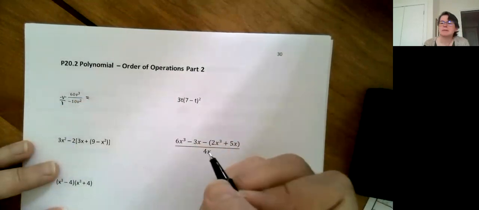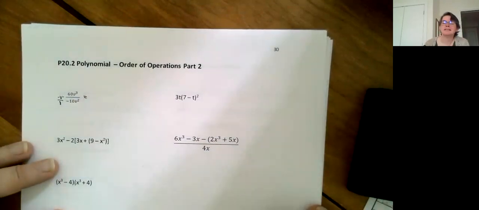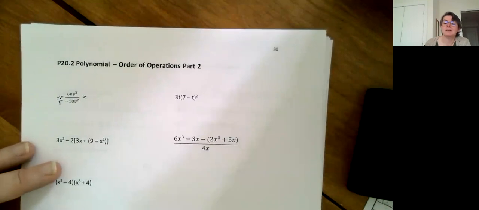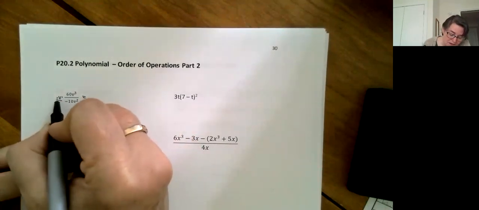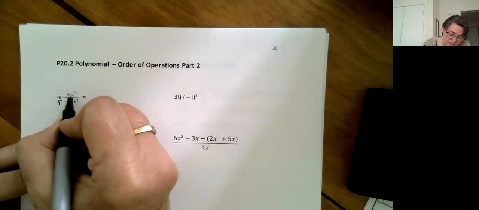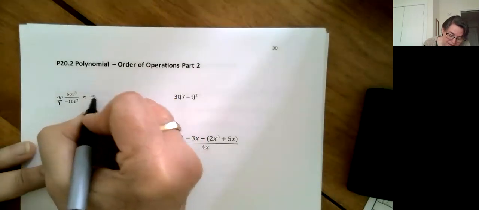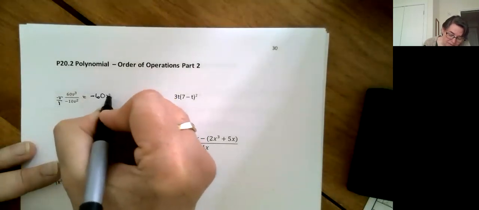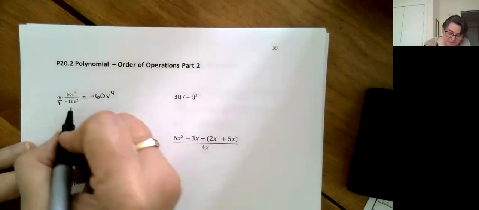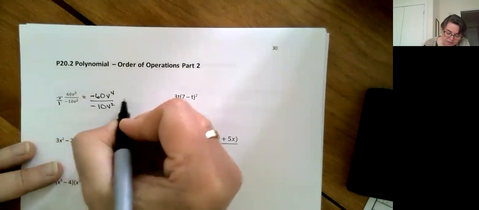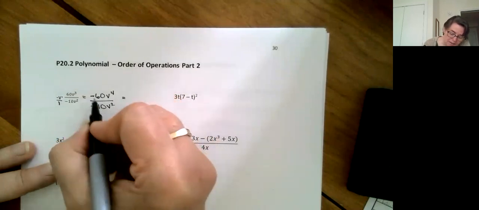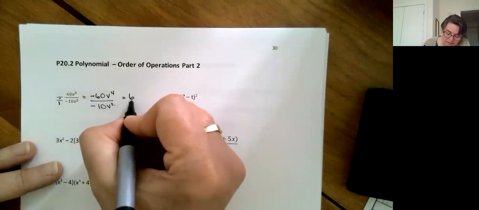There was a question on the last one that had fractions in it, and I probably should do some videos about fractions just enough so that you remember how to do it. So I'm going to multiply across the top first, minus b times 60b cubed, so minus 60b to the 4th, and across the bottom, minus 10b squared. And that will give me minus 60 divided by 10 is 6b squared.